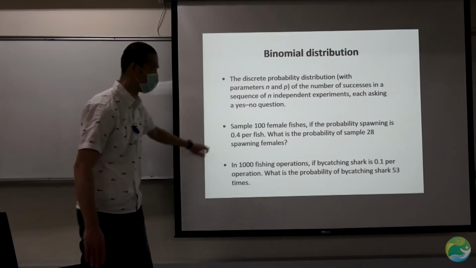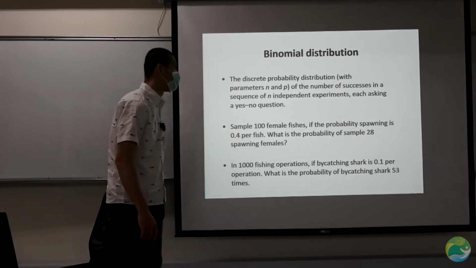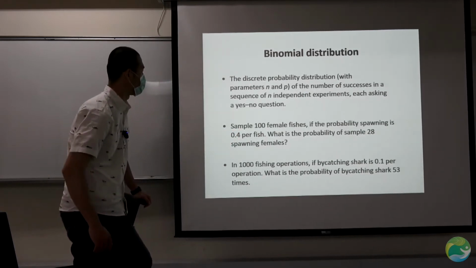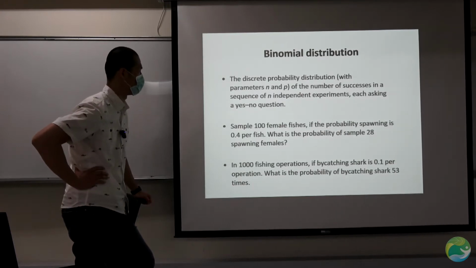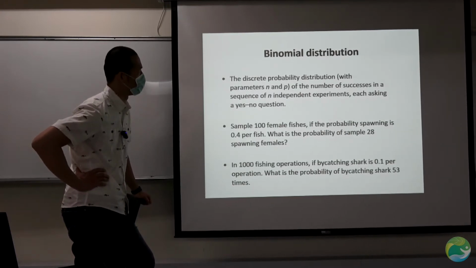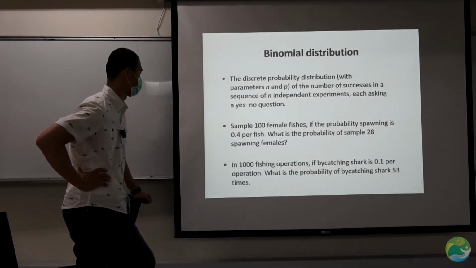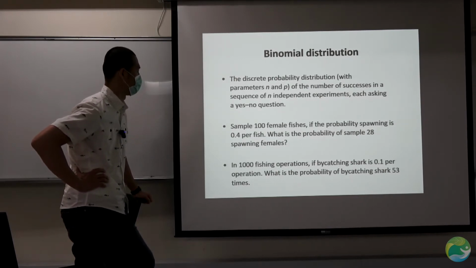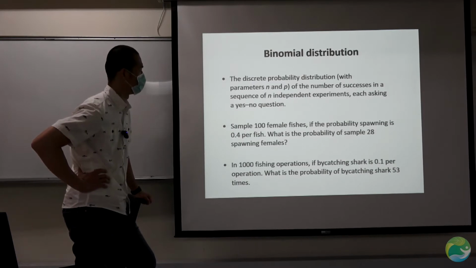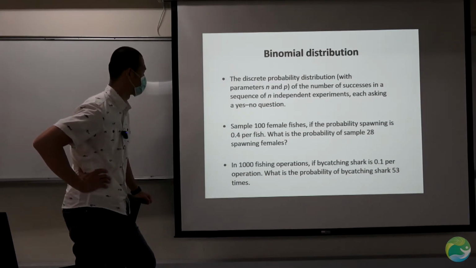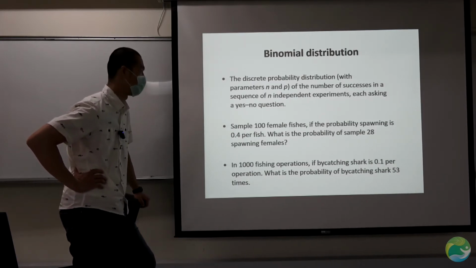So here I give you an example. For example, a scientist samples 100 female fish. If the probability of spawning is 0.4 per fish, what is the probability of sampling 20 spawning females? Okay?